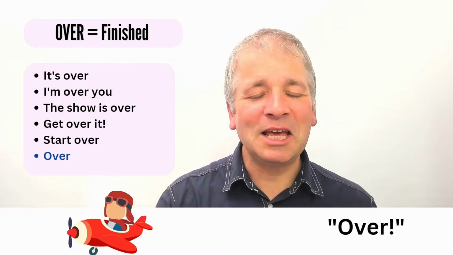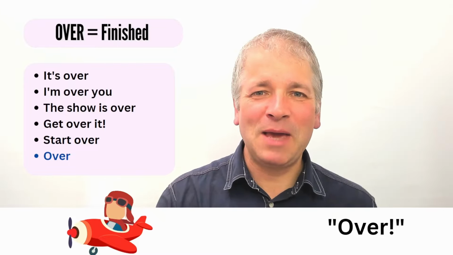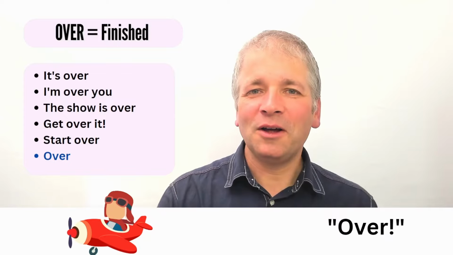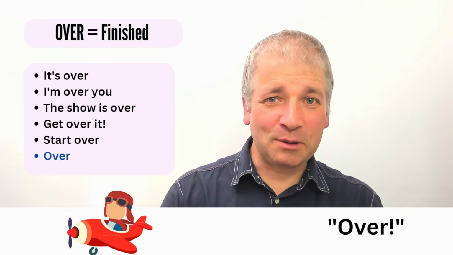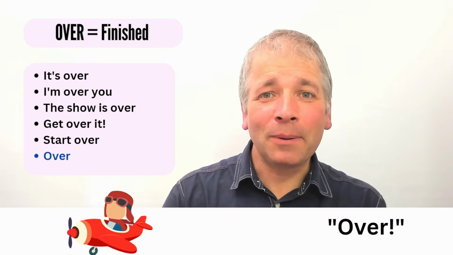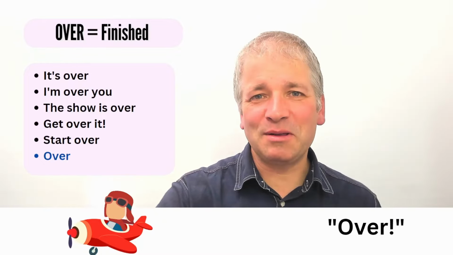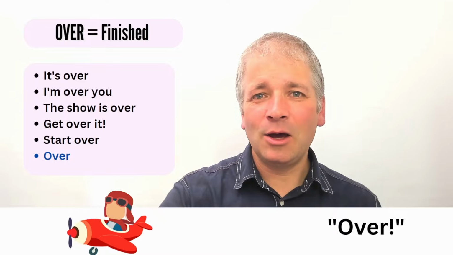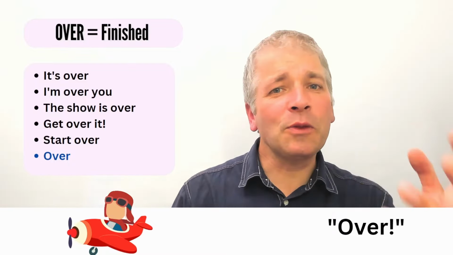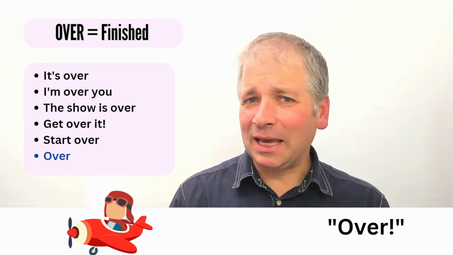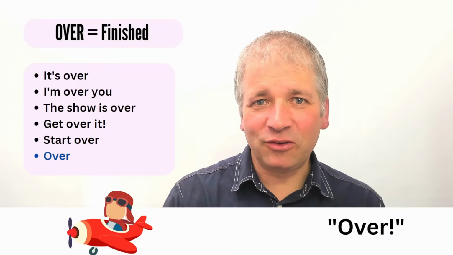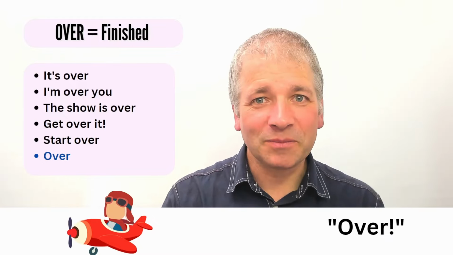And then interestingly, in some contexts, people just use the word over on its own. For example, when flying a plane, the pilot will send instructions or communicate with a control tower or other planes, and to make it clear they have finished their message, they'll say, over.